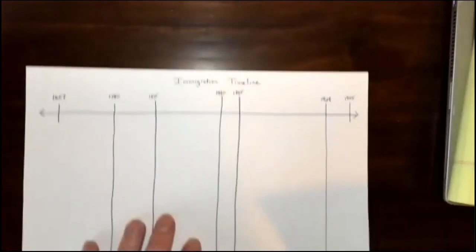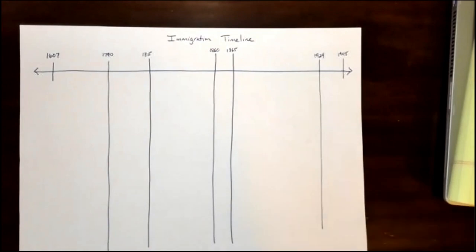The first thing that we're going to be doing today, before we jump into the actual practice of the DBQ, is make sure we know a major theme. The big theme that we're going to be working on today is immigration.